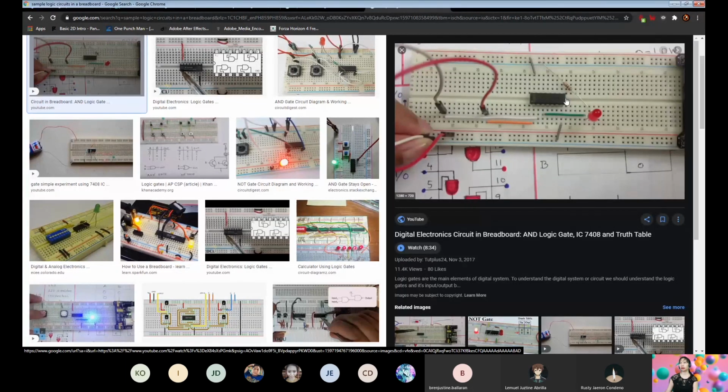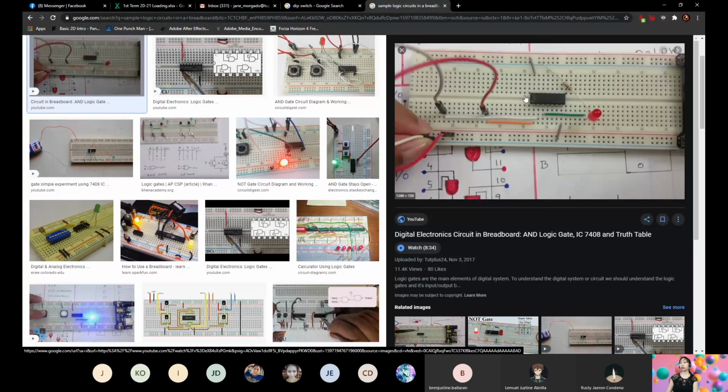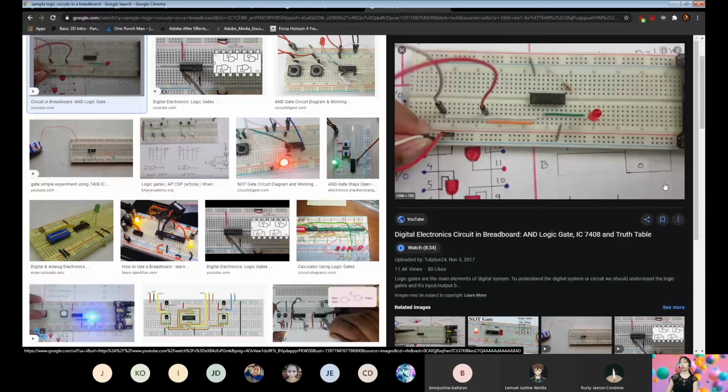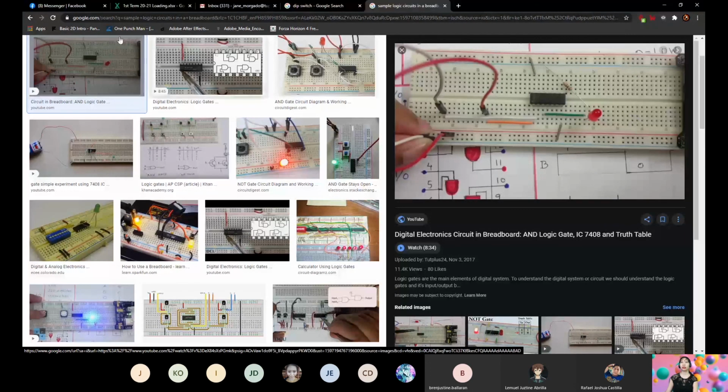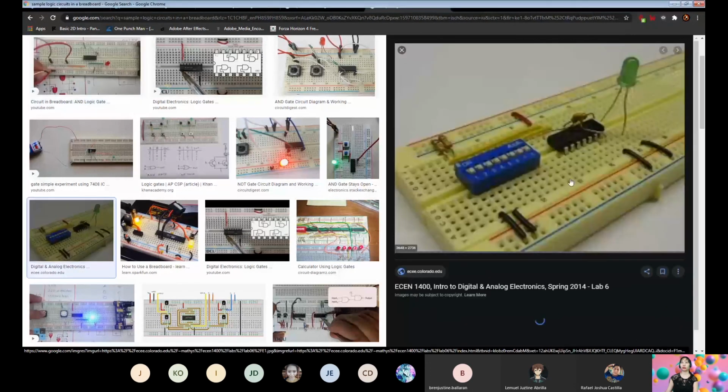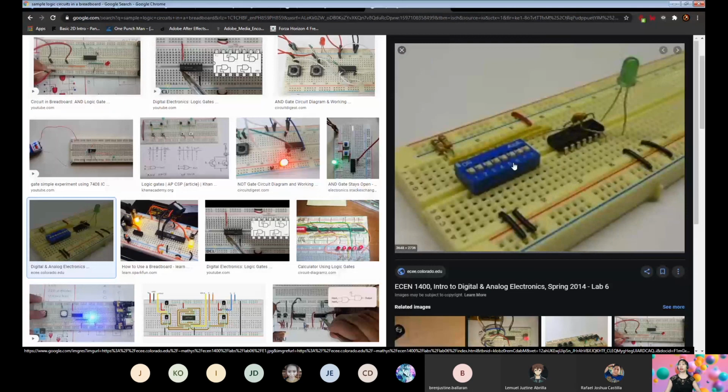Itong kanal na to, this ridge separates the A to E and F to J. A to J yan. A to E and F to J, okay? So, you have the DIP switch here. Ito sana dapat ganito yung ginagawa nyo.